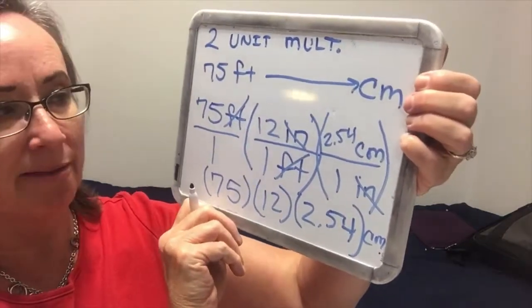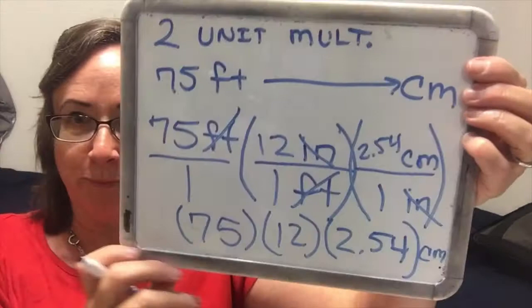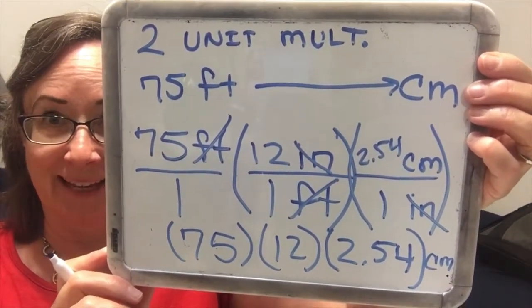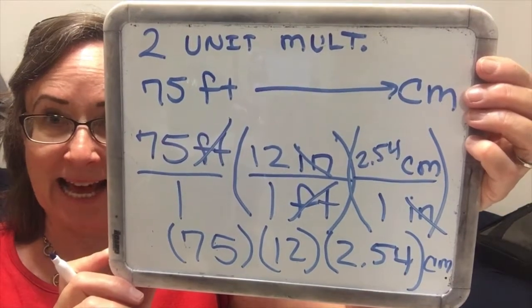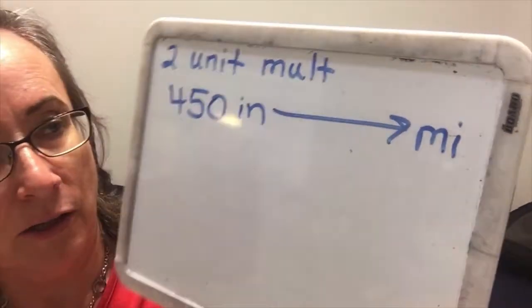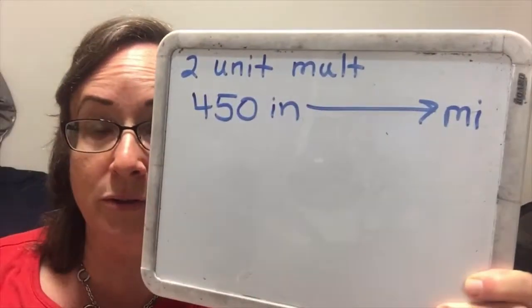You know what? I think I forgot to tell you to pause your video. So hopefully you did it anyway. That should be your answer down there at the bottom. Now we have our last problem. Okay, so here we are with 2 unit multipliers to get from 450 inches to miles.